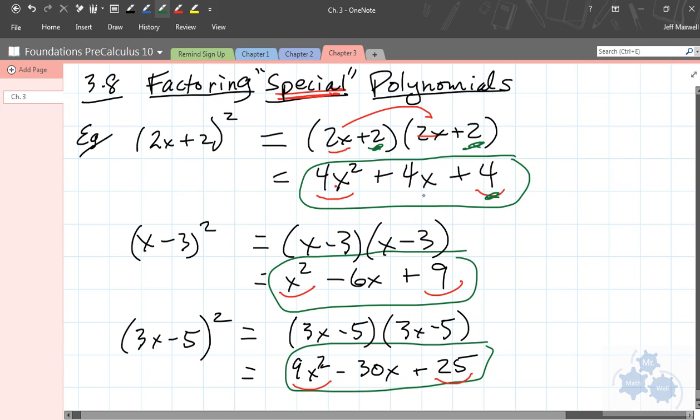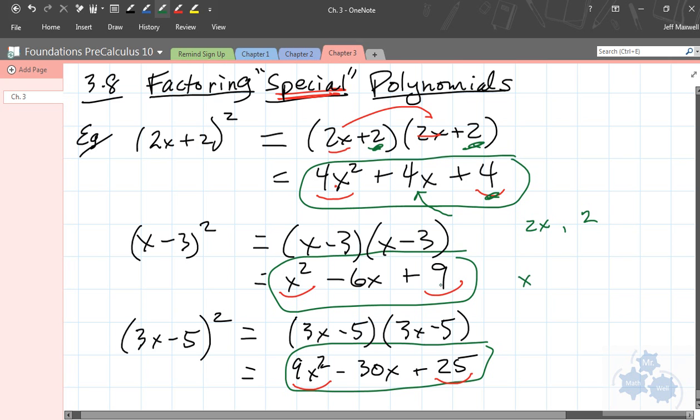And the final one is maybe a little bit trickier to come up with. What's the square root of this one? It's 2x, right? What's the square root of this? It's 2, right? So what do you notice about this? Let's do it again. The square root of x squared is x.